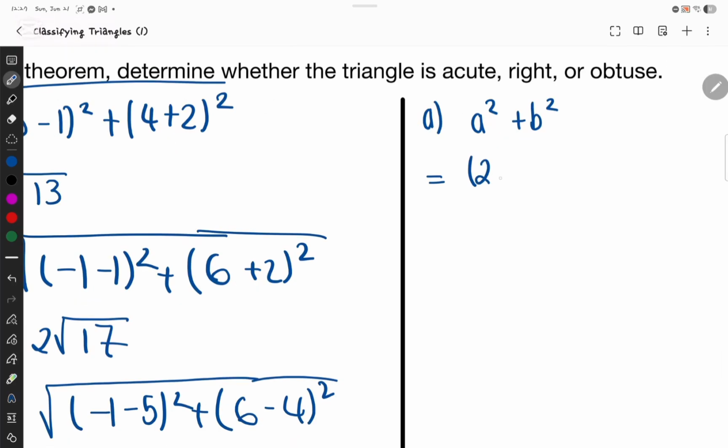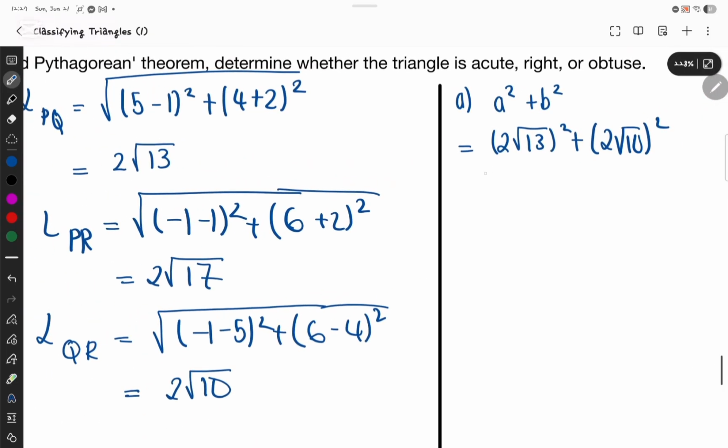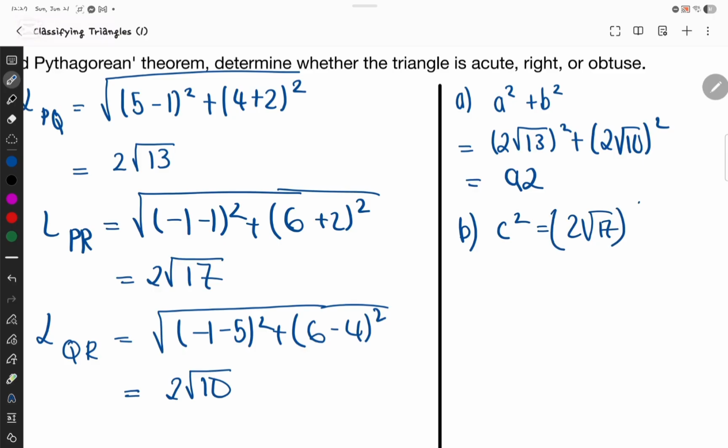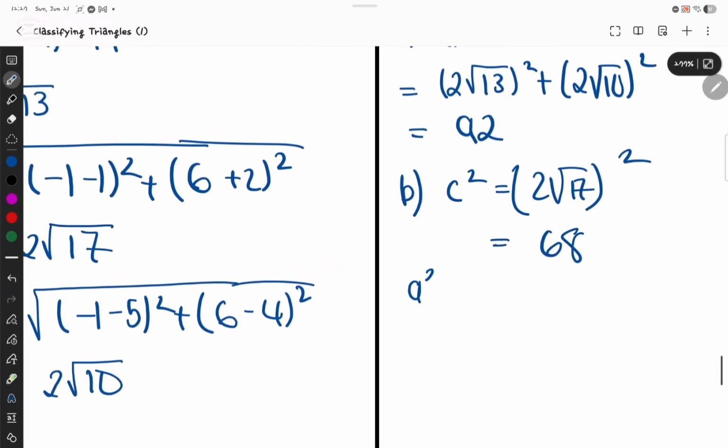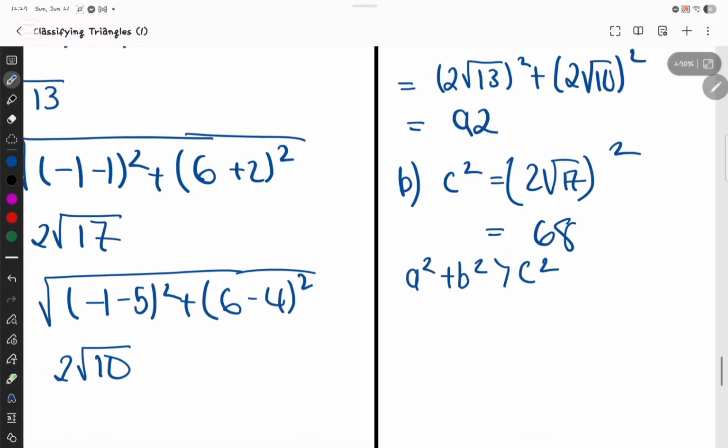It is going to be 2 root 13 squared plus 2 root 10 squared, which gives you 92. Then c squared is going to be 2 root 17 squared, which is, sorry, 68.